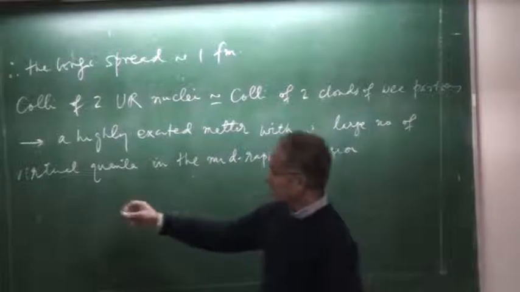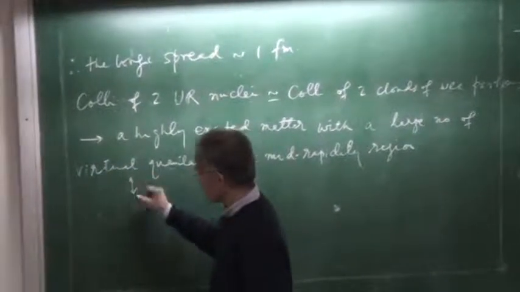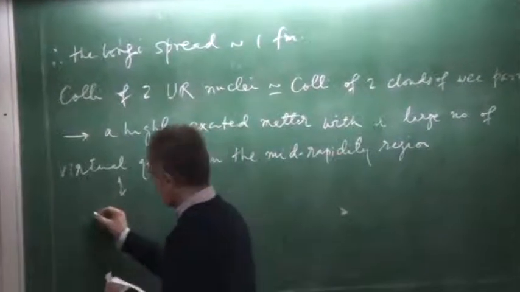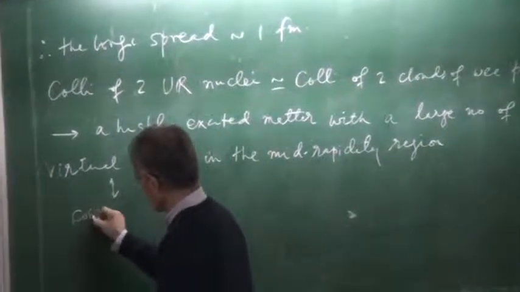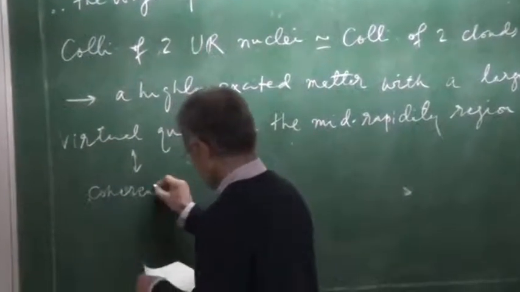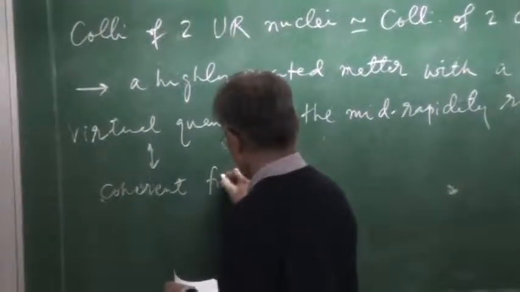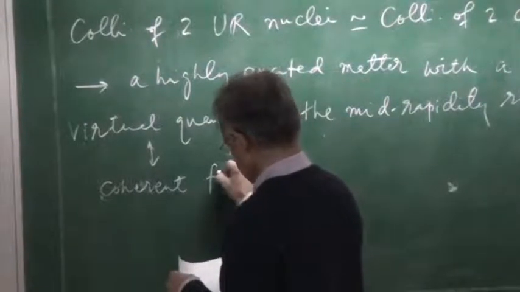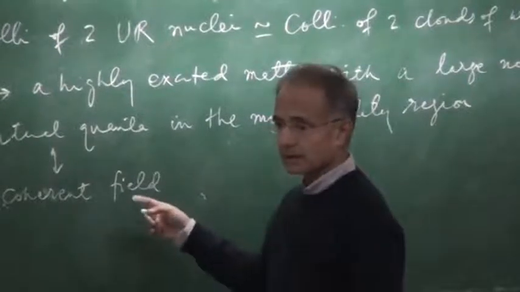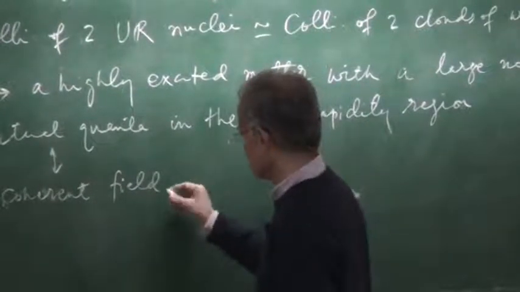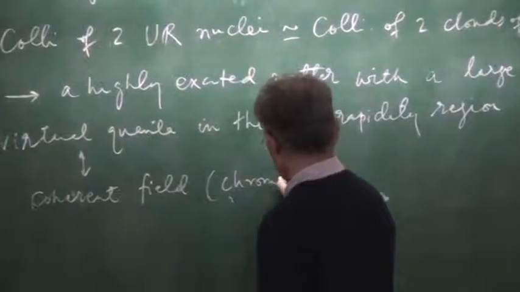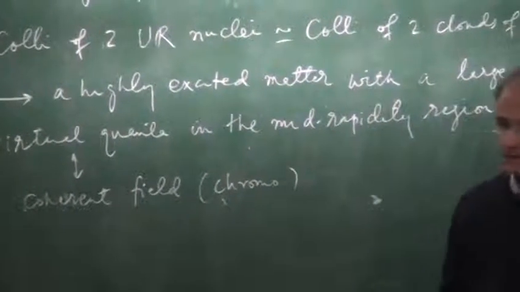You can also look at this as very strong color electromagnetic fields, a strong chromo field: color electric and color magnetic field.